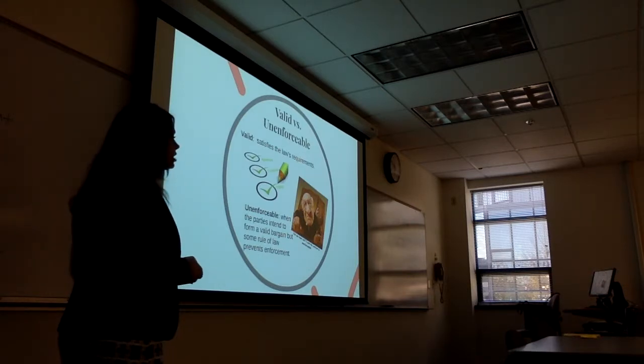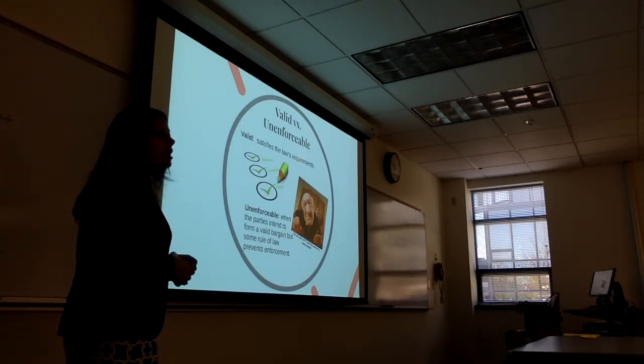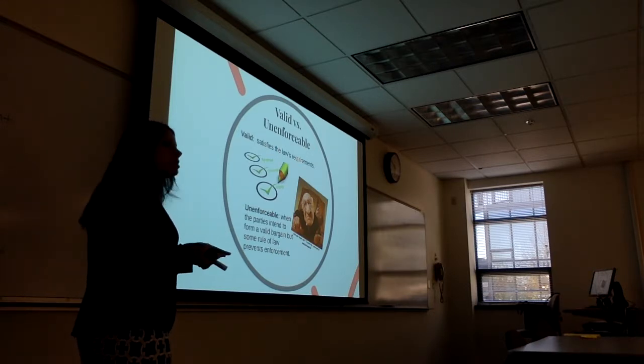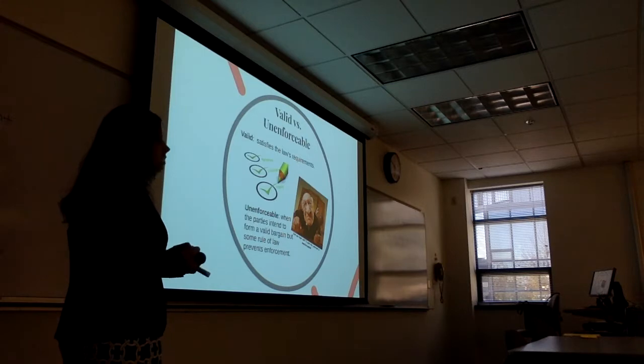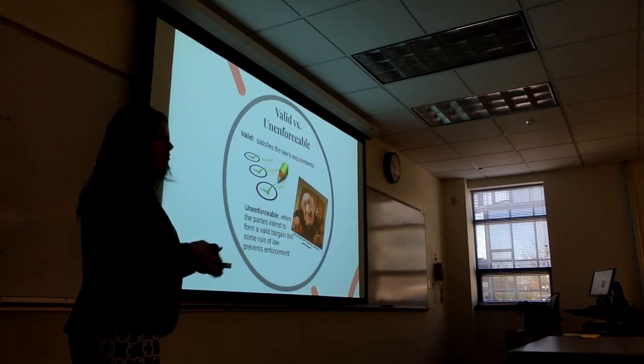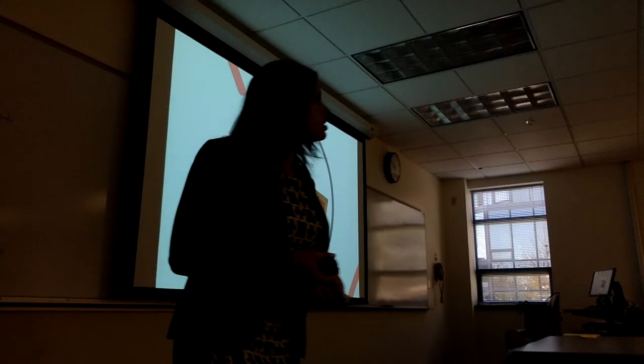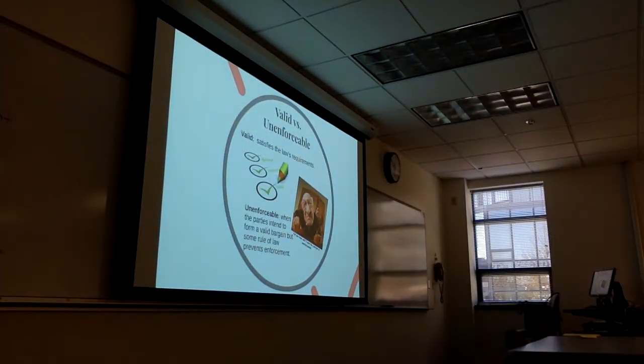A valid contract satisfies the requirements we talked about earlier: an agreement, consideration, that it's legal, and that there's capacity involved. That's a valid contract. It can be unenforceable, meaning that the law will not help you with that promise that was being made if it doesn't meet all the requirements under the law we discussed. Again, if it's missing that agreement, consideration, legality, or capacity.